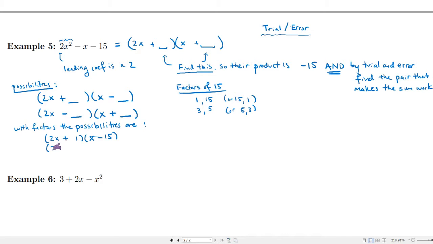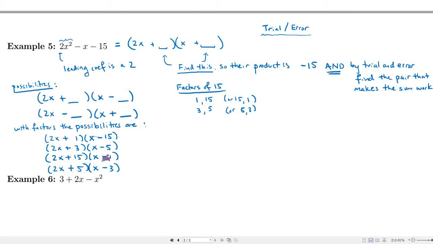We could have 2x plus 3, x minus 5. We could have 2x plus 15, x minus 1. So I'm just kind of going through all these pairs that we just determined. 2x plus 5, x minus 3. Okay, and now we're just going to eliminate them one by one.